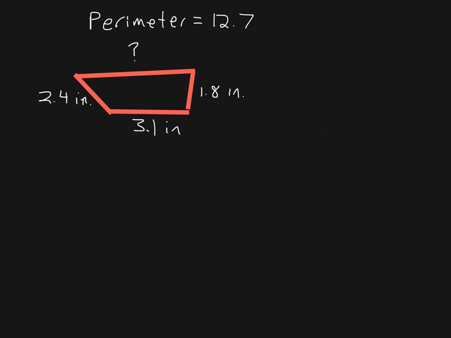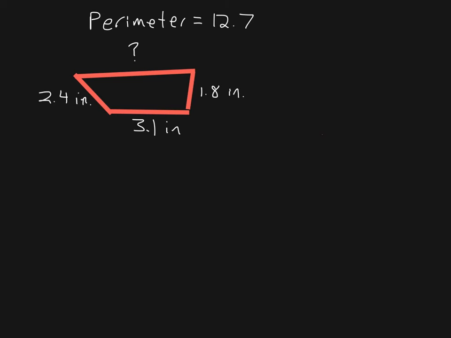We can also use these types of equations to solve for missing values in geometry problems. For instance, here we have a shape. It has 4 sides. It's called a quadrilateral when it has 4 sides. And we know 3 of the sides, 2.4, 3.1, and 1.8, but we're missing a 4th side. But we know that the perimeter is 12.7. That means if we add up all the sides, all 4 sides, it should equal 12.7.